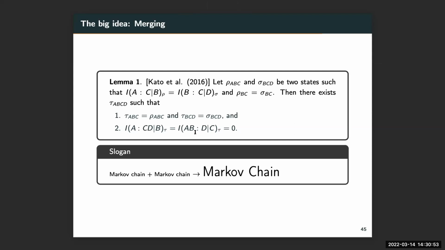So here, if you look at the second line, what you see is that tau is again a quantum Markov chain. So you started with 2 Markov chains, rho ABC and sigma BCD, and you somehow combine them together into this sausage factory, and out comes another Markov chain over this larger region, ABCD.